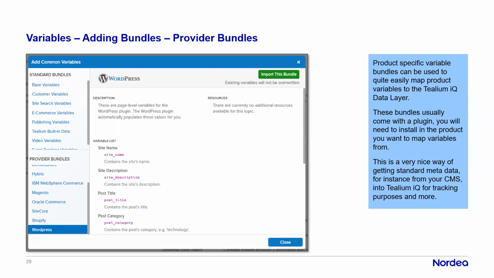So in this case, we have a bundle of WordPress variables commonly used in WordPress. If you add this bundle, then the variables get there, but you then need to install this plugin provided by Tealium inside of your WordPress setup to automatically populate the values in there as well.